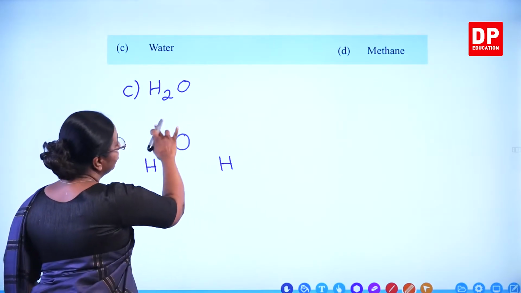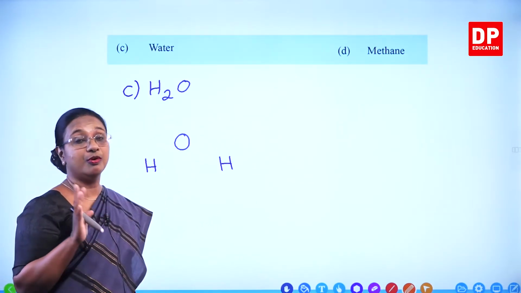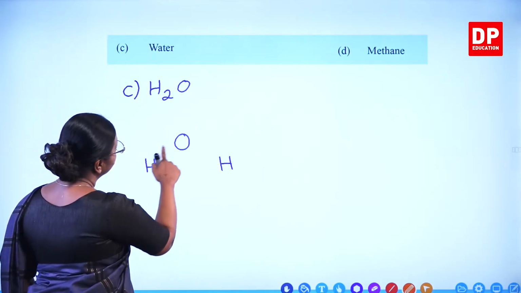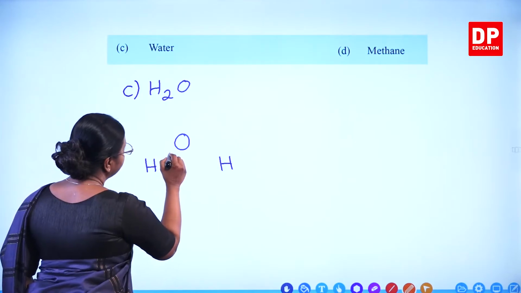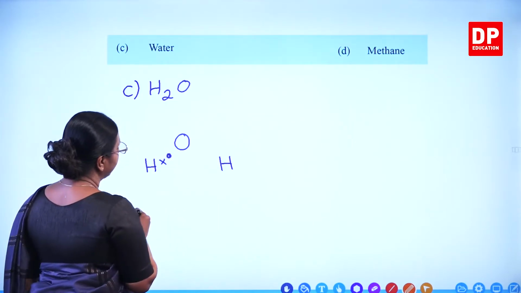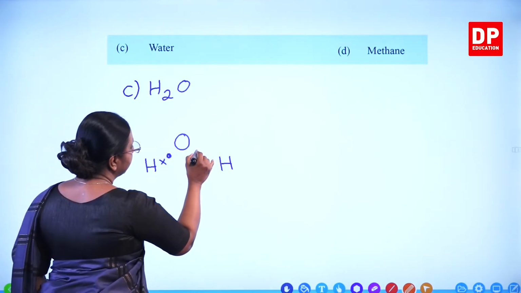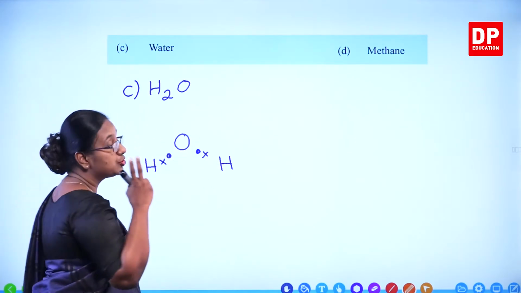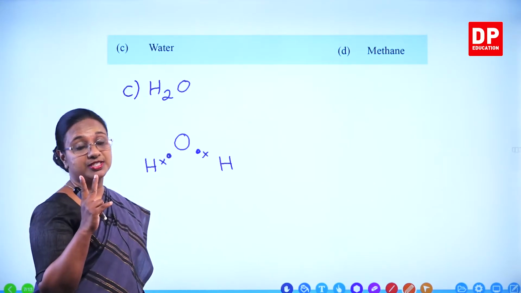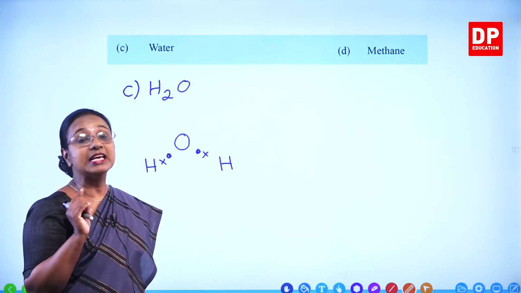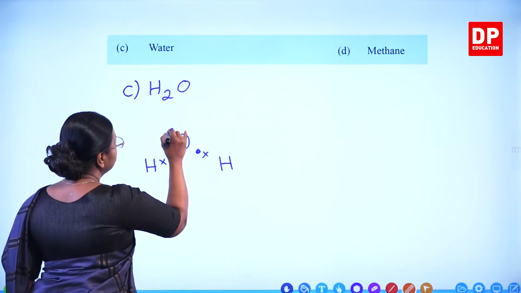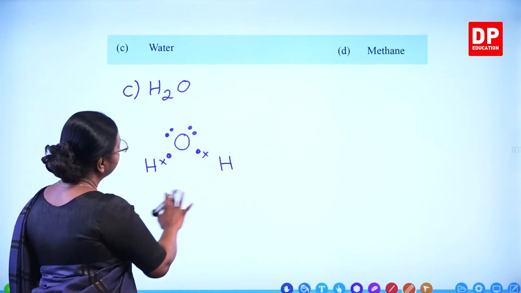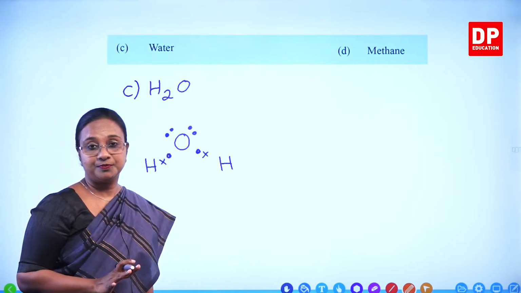Because there are lone pairs, that also you know, and the polarity of the bond. So then we need to show the bonds. So here we can use the dot cross for the OH bond, again dot cross for the other OH bond, and there are 2 lone pairs on oxygen. Why? There should be 8 electrons. So here the 2 lone pairs. Is that okay? Water molecule.